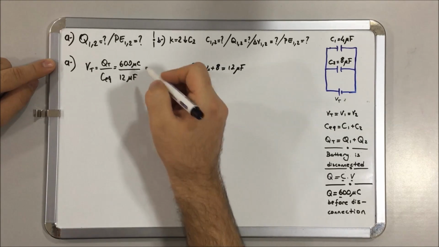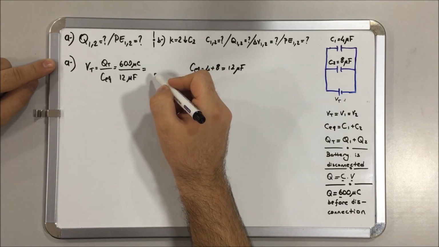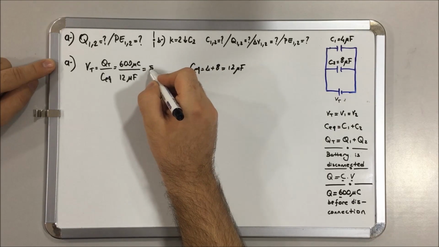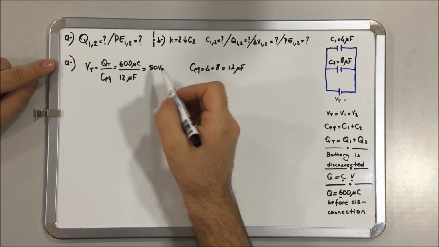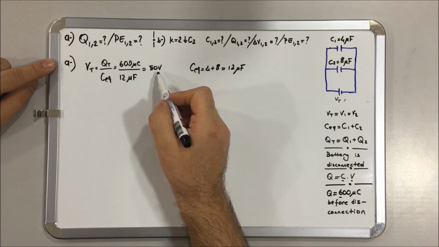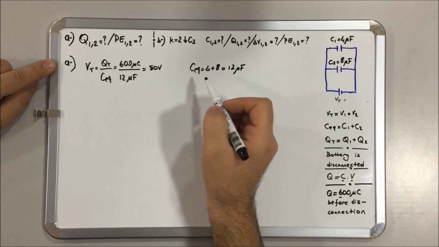Micro and micro cancel each other, so the result will be 50 volt. This is the potential difference before inserting the dielectric.